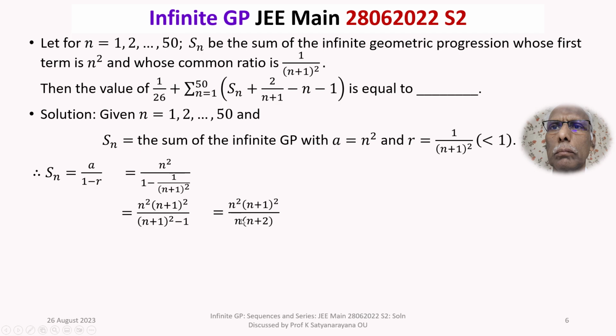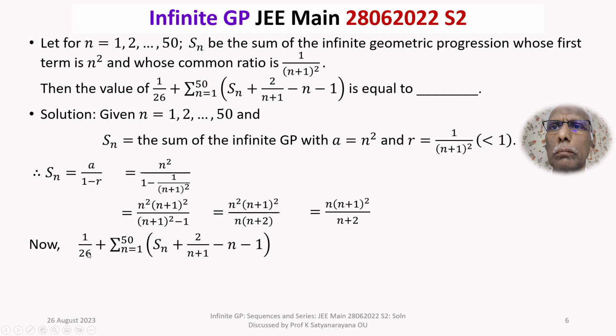There is a common factor n in both numerator and denominator; cancelling that, we will get n into (n plus 1) whole square by (n plus 2). This needs further simplification, but how to proceed, that we will do when we take in Sn.